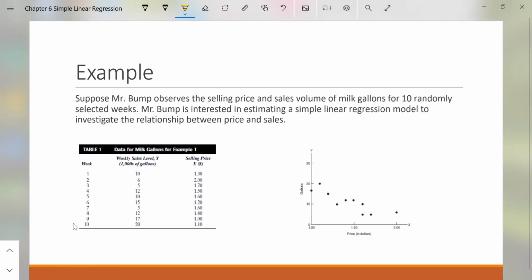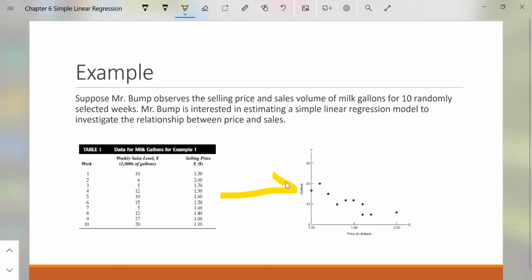Okay, on the left-hand side, you see the table with the data, and there are 3 columns. We have the number of weeks, 10 of them, and then we have the sales, which is denoted by Y, because the sales depends on the selling price, and we all know that.